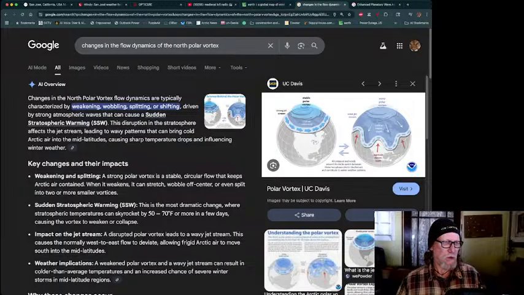So let me look at this. Changes in the North Polar Vortex flow dynamics are typically characterized by weakening, wobbling, splitting, or shifting. So yeah, the North Polar Vortex can do all those things. Principal to today's topic is weakening and splitting, okay? Driven by strong atmospheric waves that can cause a sudden stratospheric warming.